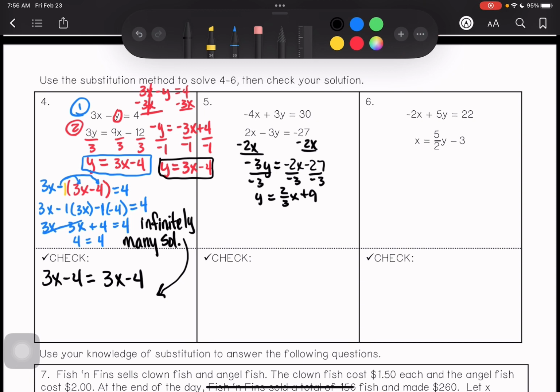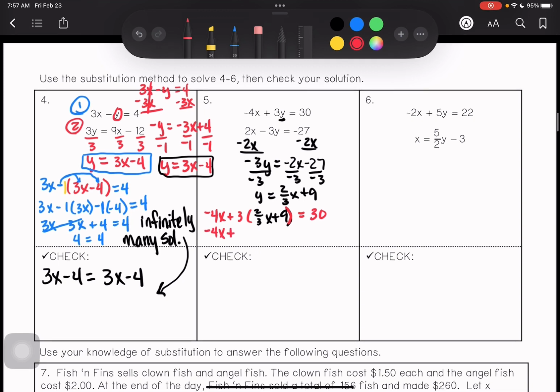Now I want to substitute y into this original equation. So that gives me negative 4x plus 3 times the quantity 2/3 x plus 9 equals 30.